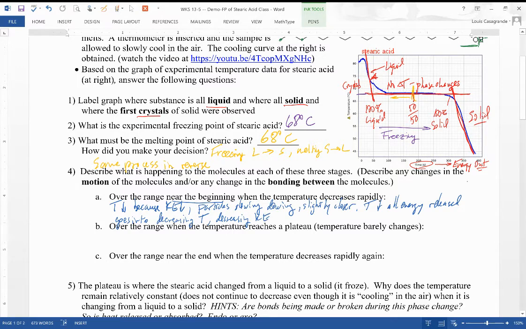Now, what happens when we get to freezing is that we switch. The reason the temperature reaches a plateau, it says it barely changes, and that might be noticeable on a very sensitive piece of equipment, but essentially the temperature is staying the same. So what's going on here is that delta T, that change in temperature, is equal to 0, so the kinetic energy must be constant. The average kinetic energy can't be changing. The delta KE, there's no change in kinetic energy.